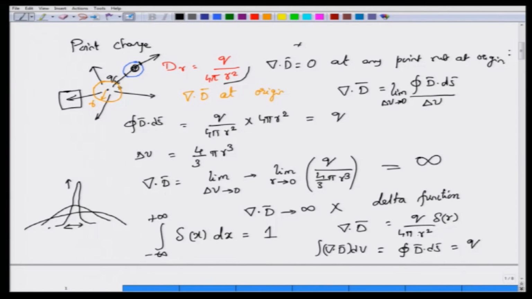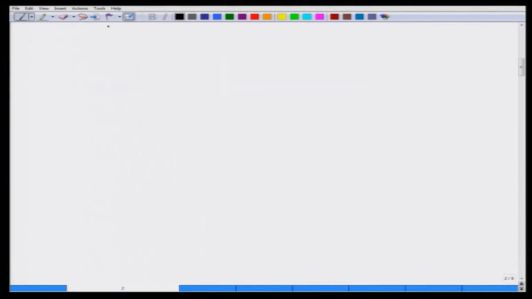Okay. Let us consider one additional example of divergence, and we will wrap this divergence up to introduce you to another vector quantity. So, let us try to evaluate this D dot dS over a surface that I am going to give you now.